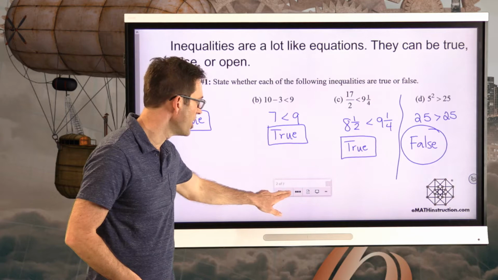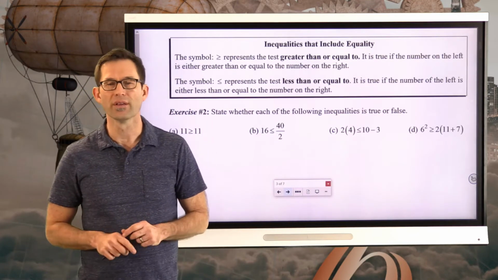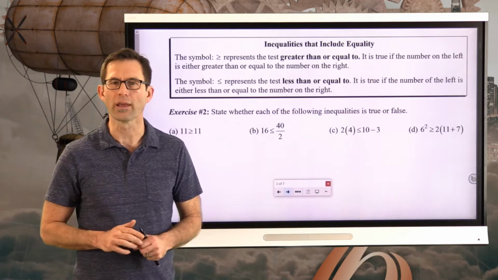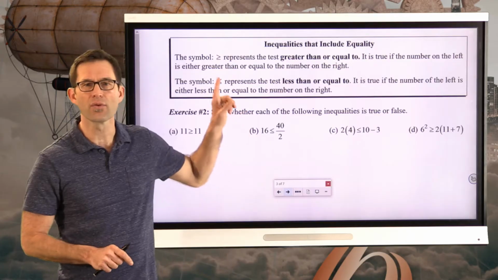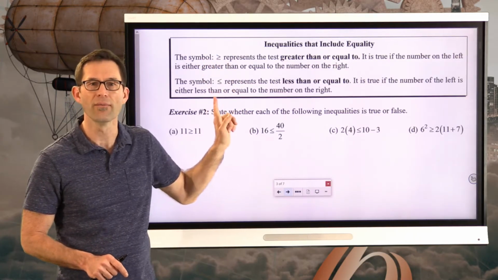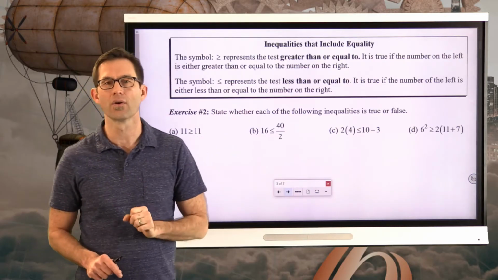Let's introduce maybe a new idea. Sometimes inequalities actually include the equality. The way you do that is you take either the greater than symbol or the less than symbol and you put a little line underneath it. And that line underneath it means that the equality is there as well.